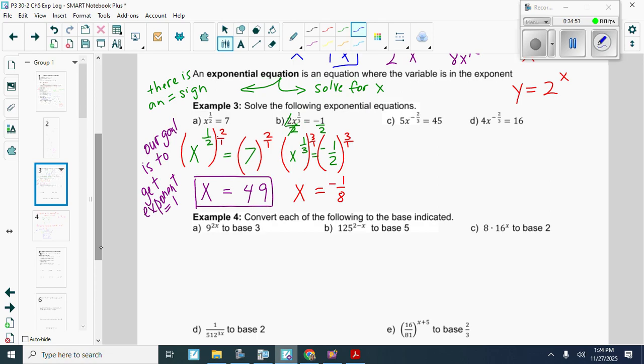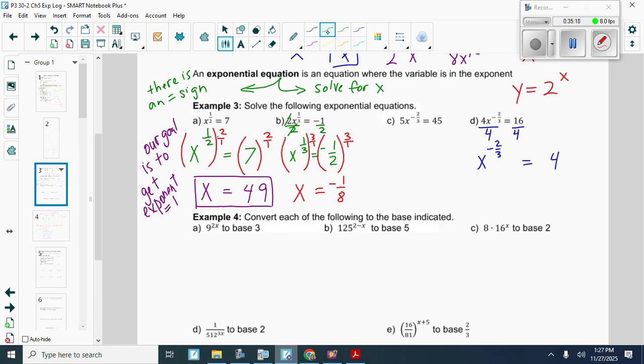So give D a try. Picking up where we left off, guys. Check your work. We should have divided both sides by 4. I should leave a little bit more room here.